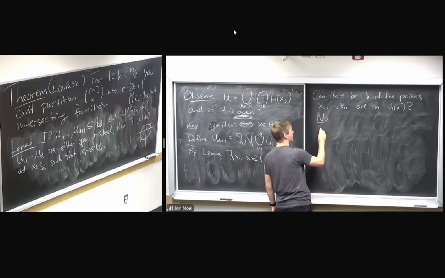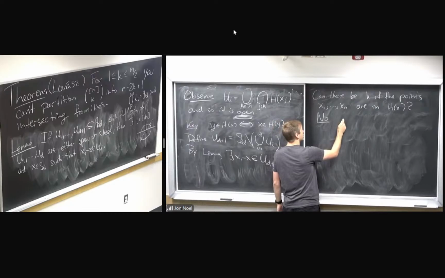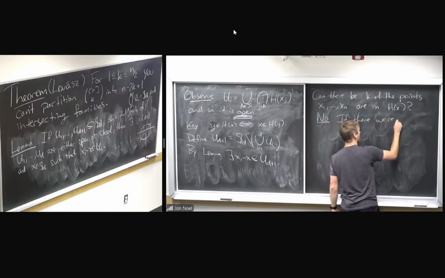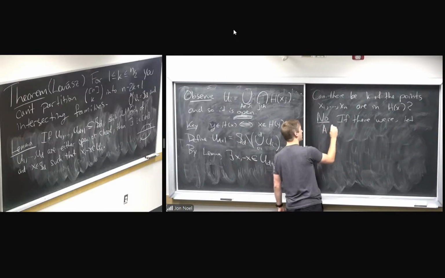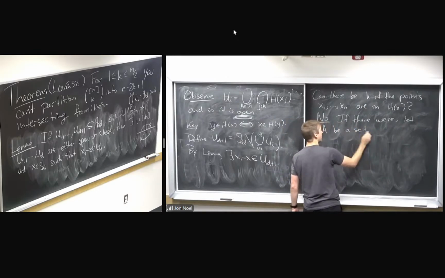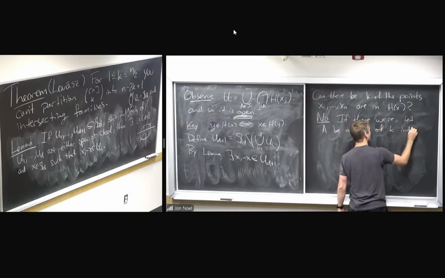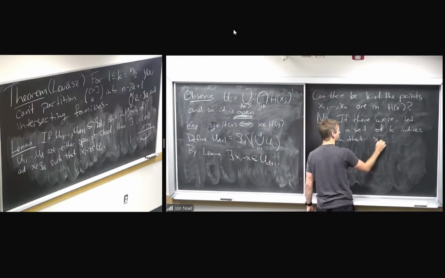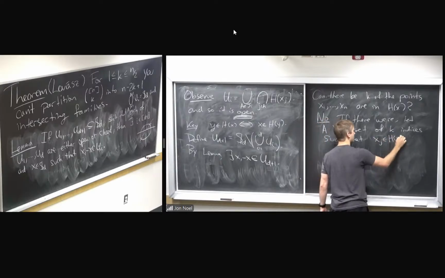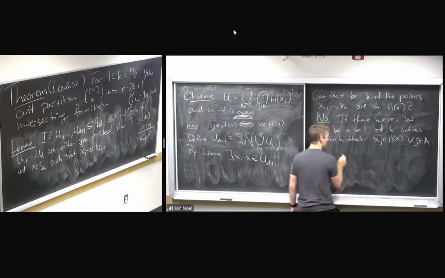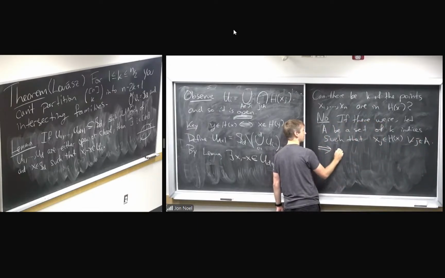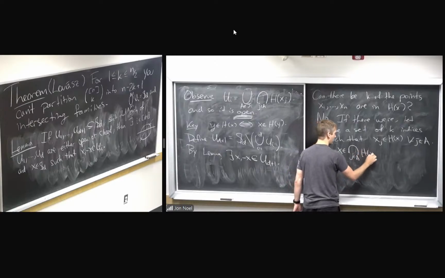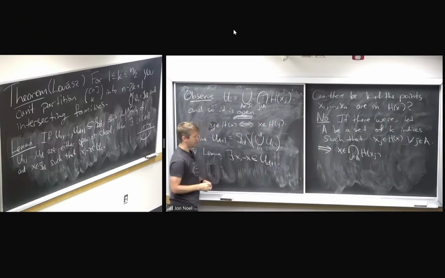So let me write that out. Let A be a set of k indices such that xj is in H of x for all j in A. That implies that x is in the intersection over all j in A of H of xj.